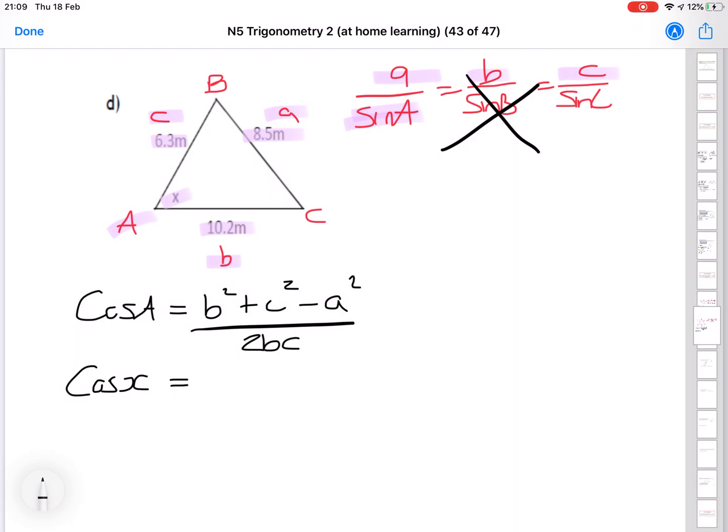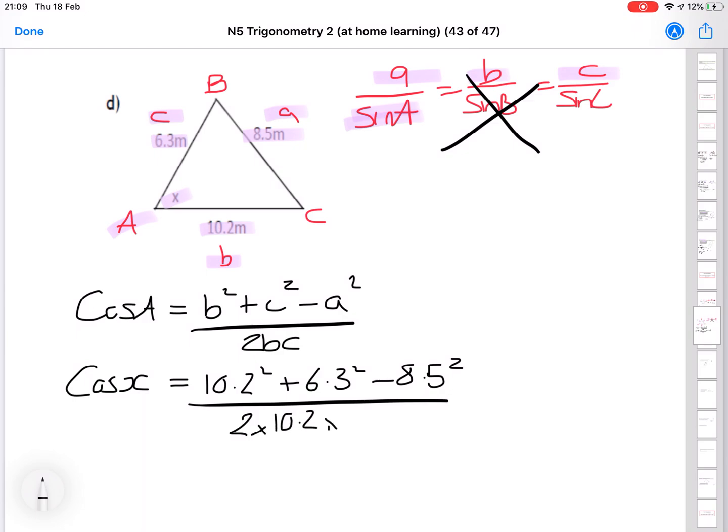So your side B, we have 10.2 squared. For side C, we have 6.3 squared, and then side A we have 8.5 squared, and then all of that is going to be over 2 times 10.2 times 6.3.